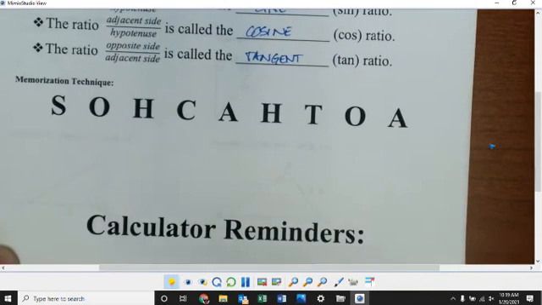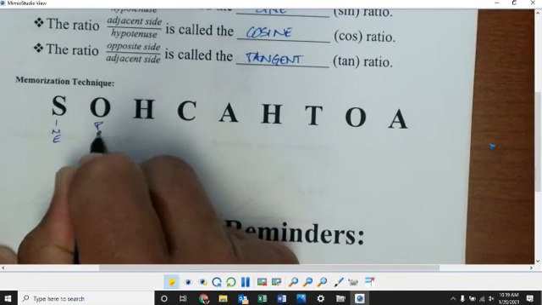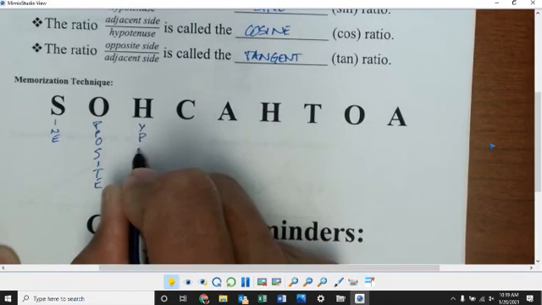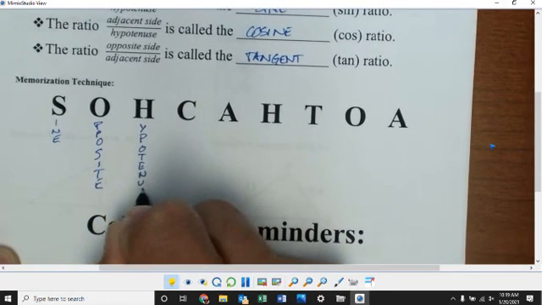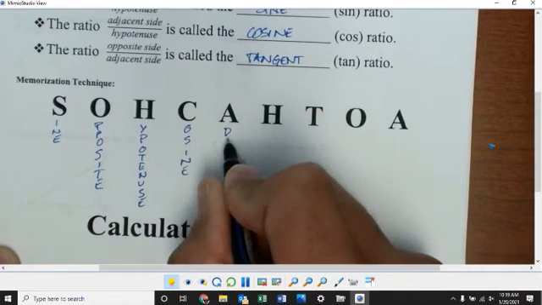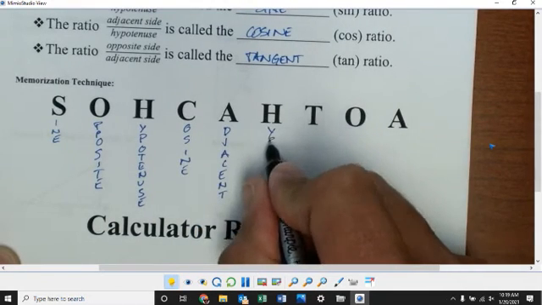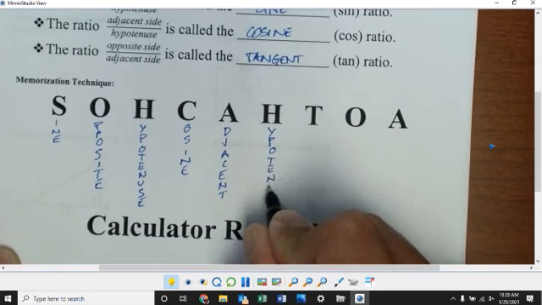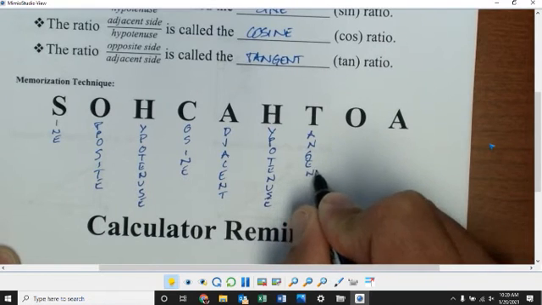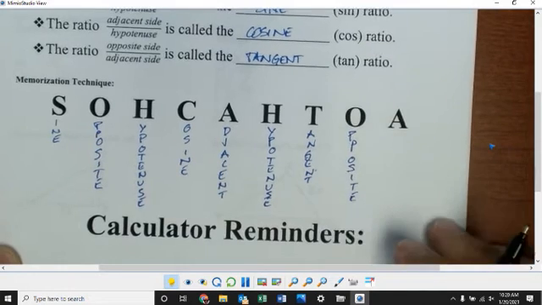It's a mnemonic, it's an acronym, and it stands for sine is opposite over hypotenuse, cosine is adjacent over hypotenuse, and tangent is opposite over adjacent.